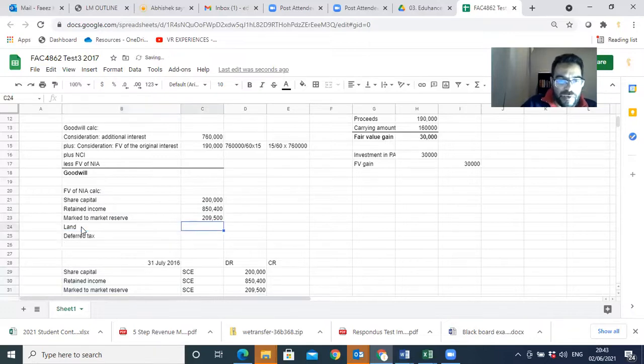So remember, land was 60,000. Deferred tax is a reducer, so it's equal to the negative of 60 times 80% times 28%. So therefore, the fair value of the net identifiable assets would be the sum of all of those.